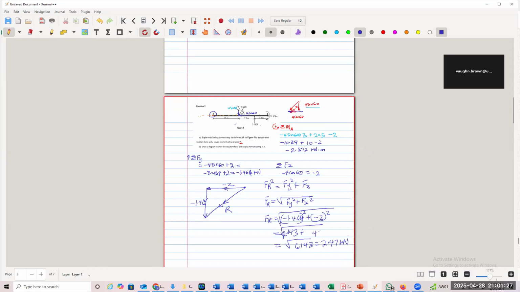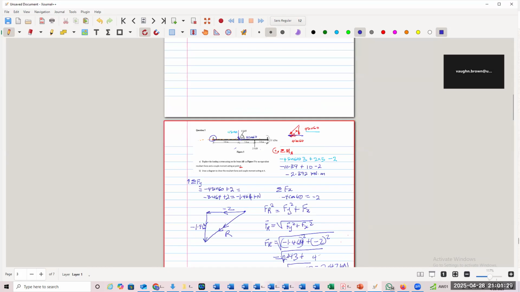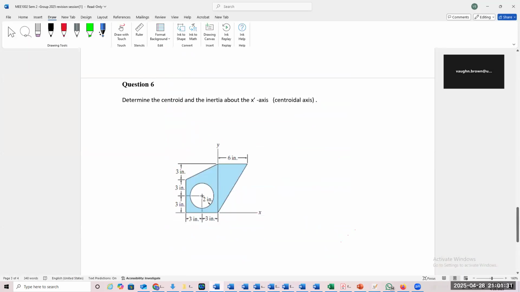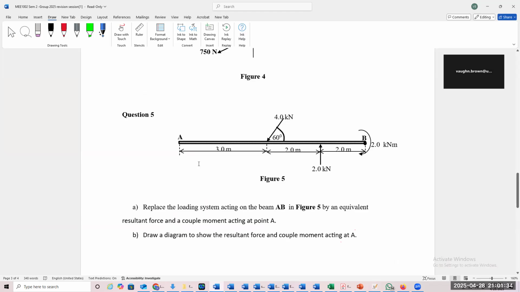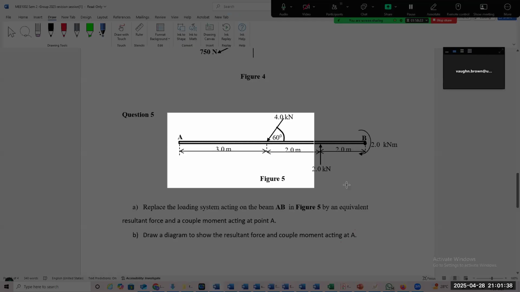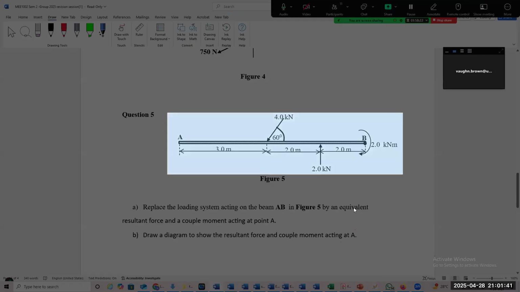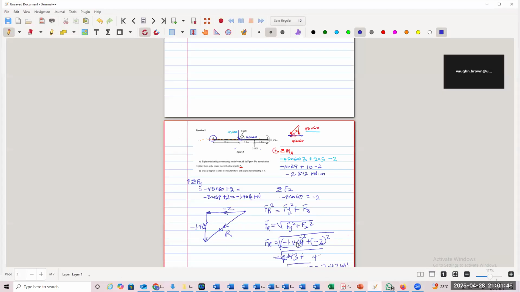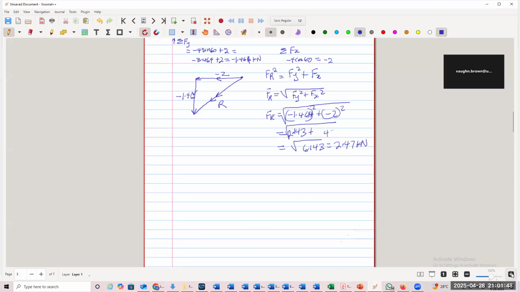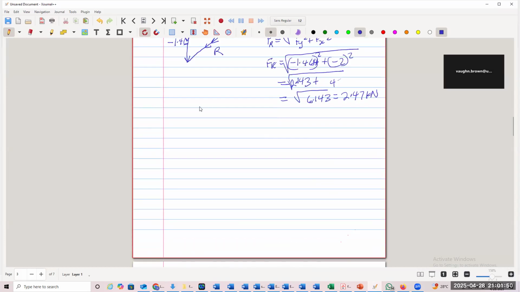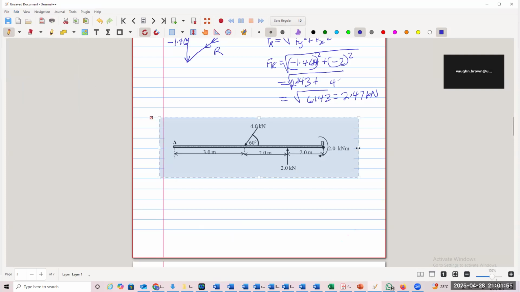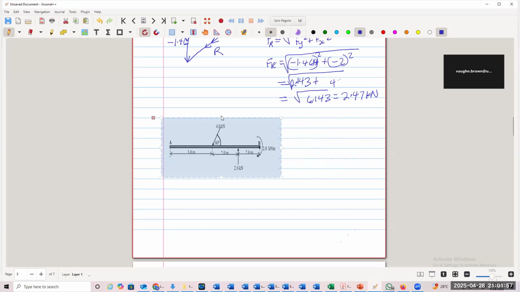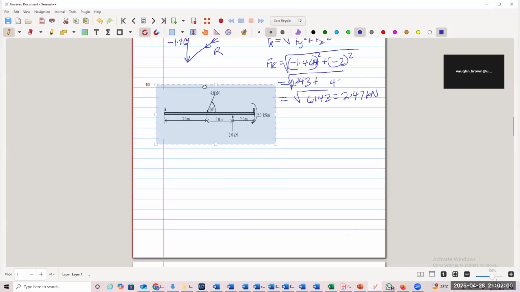I'm going to copy the diagram in the interest of time, and use this one. So this was the original drawing, and I'll put it up here.